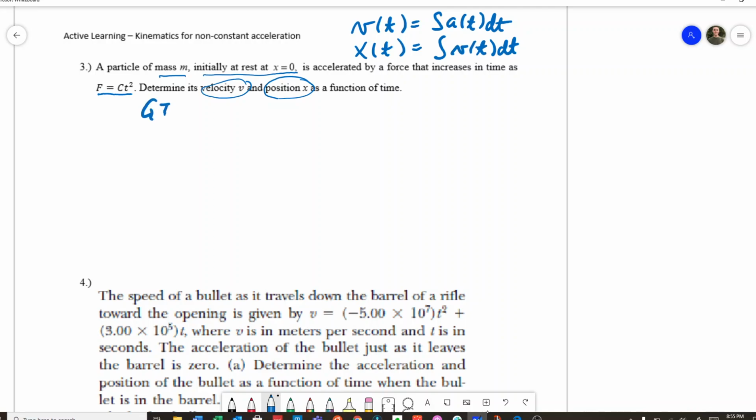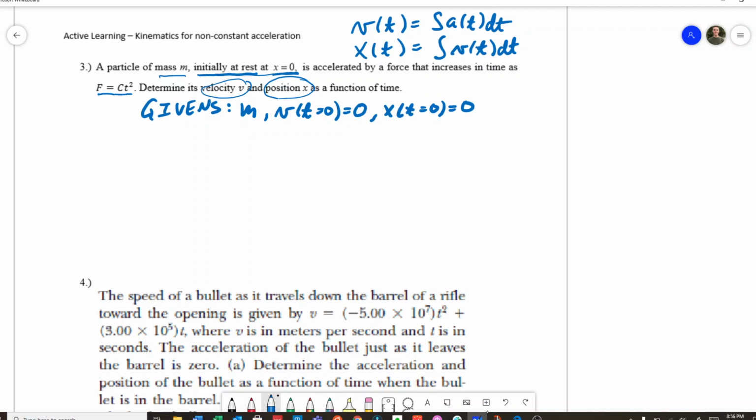So first, let's write down my givens. I'm given the mass. I'm given these initial conditions. It is initially at rest at x equals 0. So that tells me that the velocity at time t equals 0 is equal to 0 because it's initially at rest, and the position at time t equals 0 is also 0, right? It's initially at x equals 0.